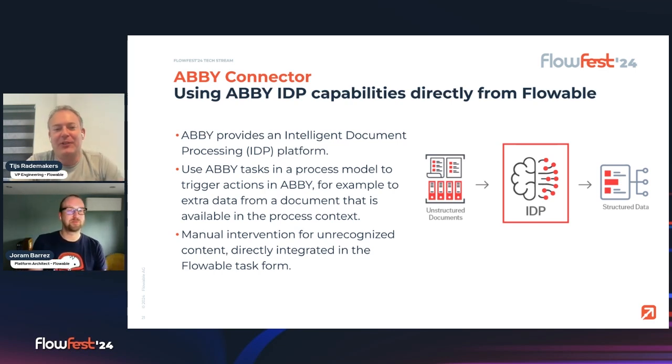So let's move into another connector. We are talking a lot about additional connectors, and it's important from a Flowable point of view to provide a lot of these things out of the box so that it can really help you solve a lot of different use cases. So another one is the Abbyy connector. And what Abbyy does, it's a very big software vendor in the intelligent document processing space, so IDP.